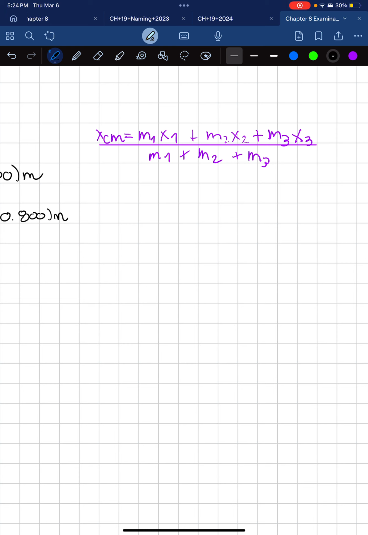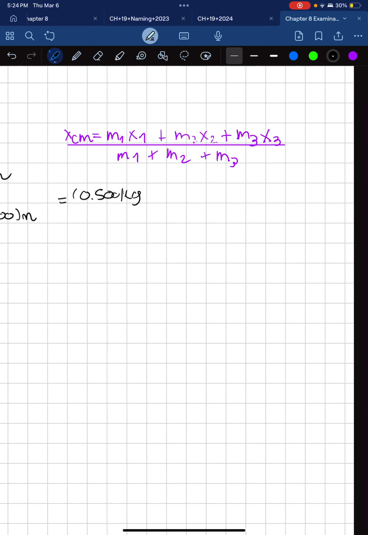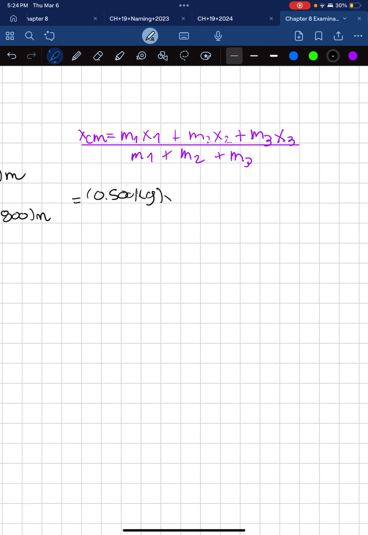Okay, so let's go ahead and plug that in. So we have mass 1 is going to be 0.500 times 0 because they didn't give us a location.